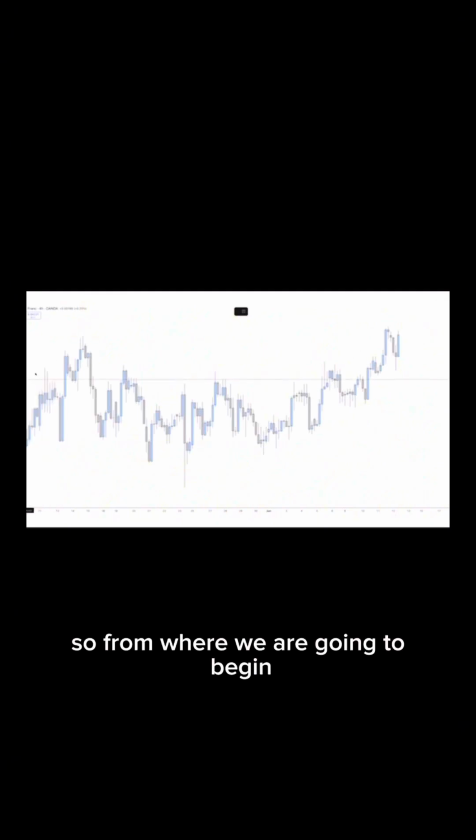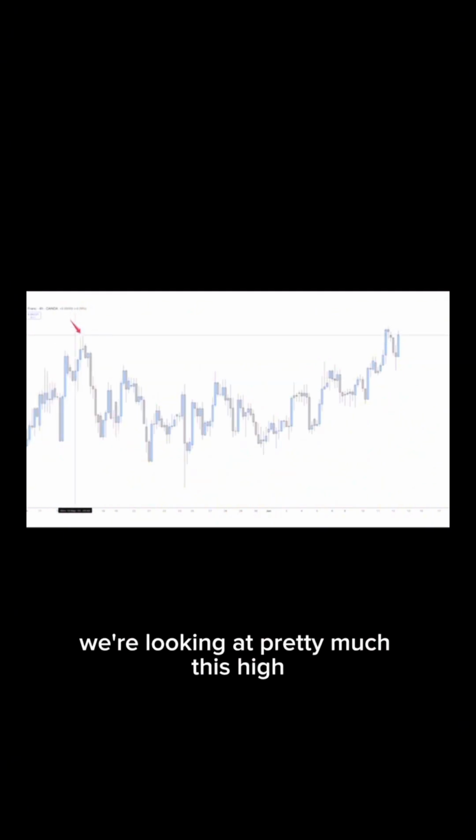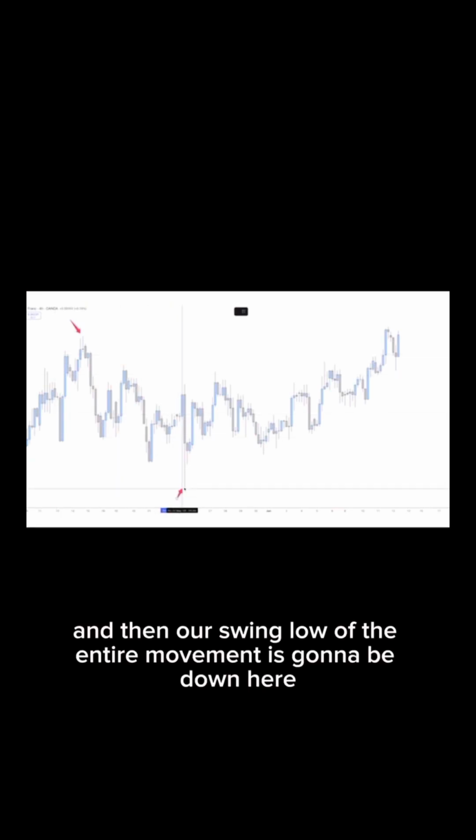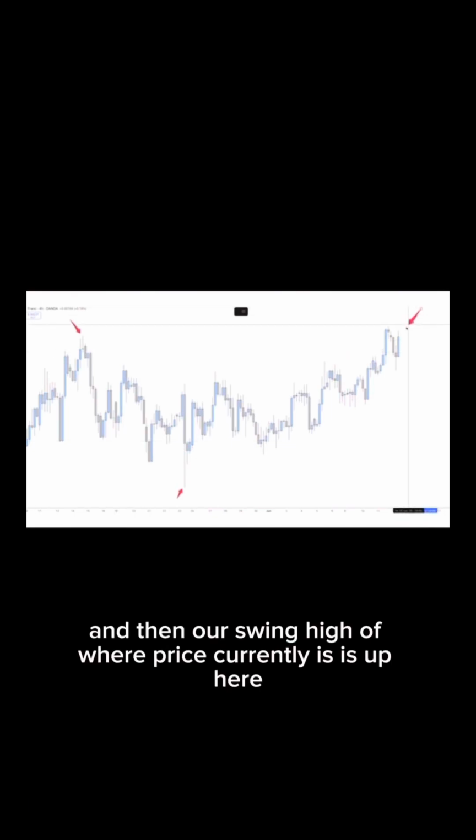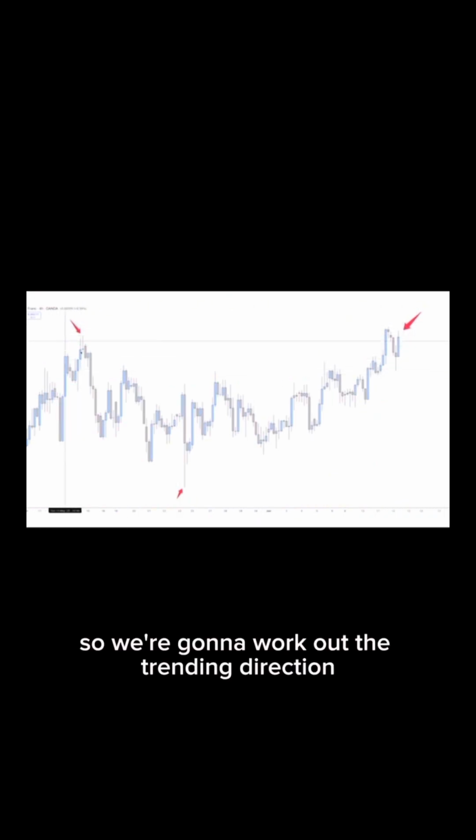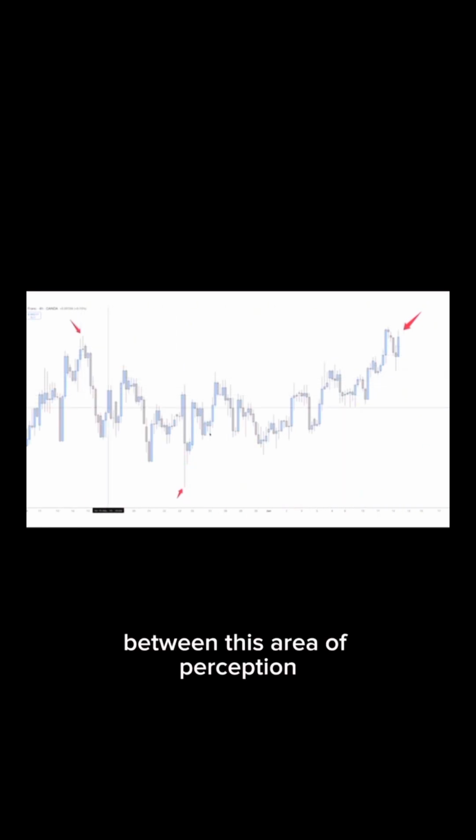So from where we are going to begin, we're looking at pretty much this high, and then our swing low of the entire movement is going to be down here, and then our swing high of where price currently is up here. So we are going to work out the trending direction between the area of perception.